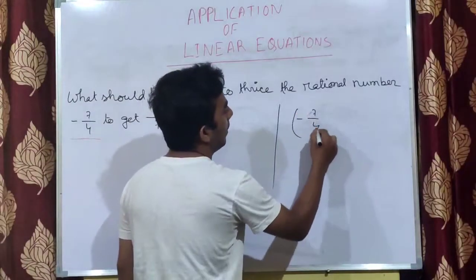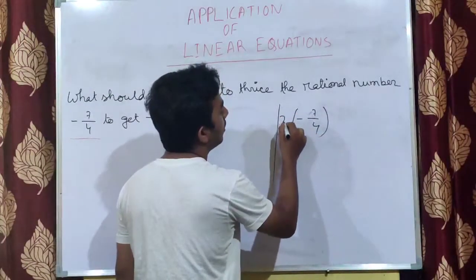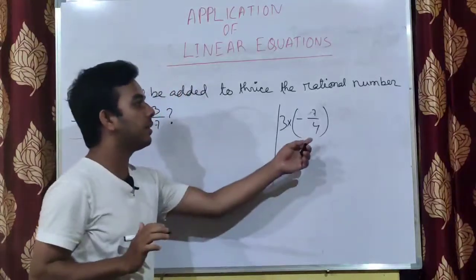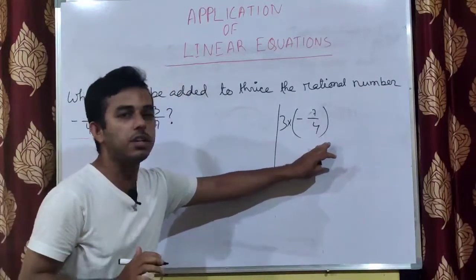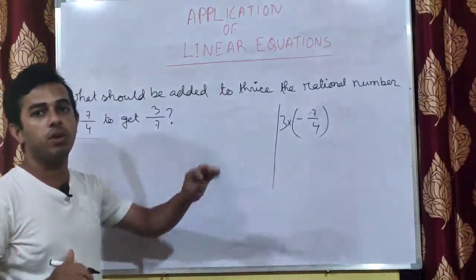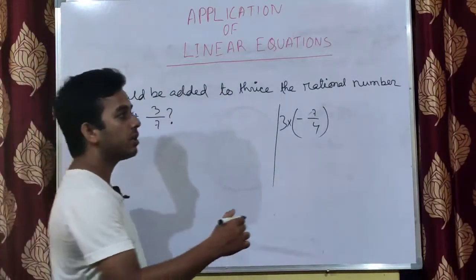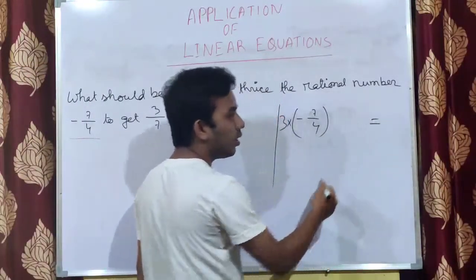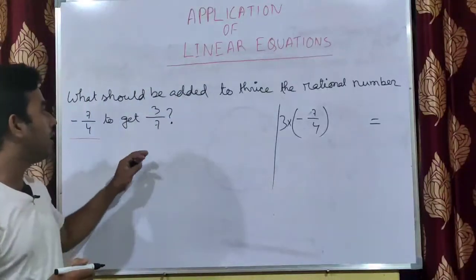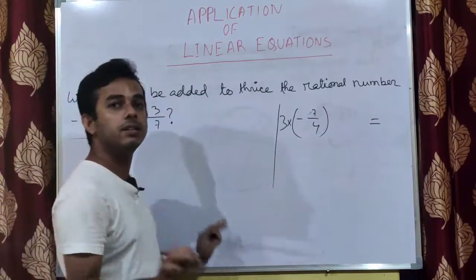So minus 7 by 4 into 3. This means thrice the rational number, that is minus 7 by 4. Now with this number, to get what? The result must be 3 by 7.